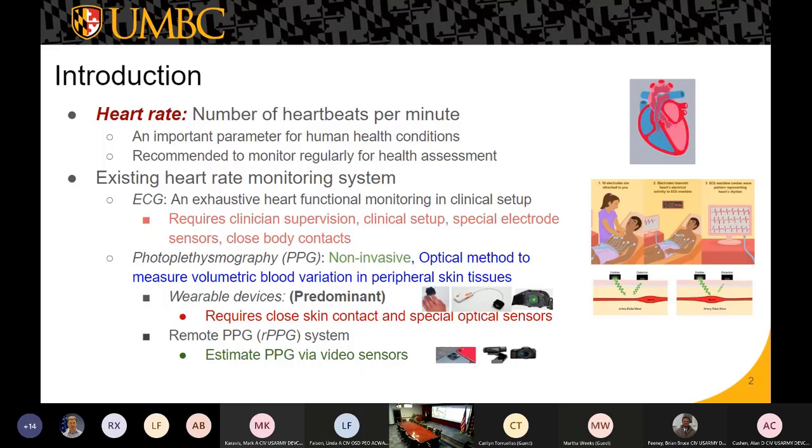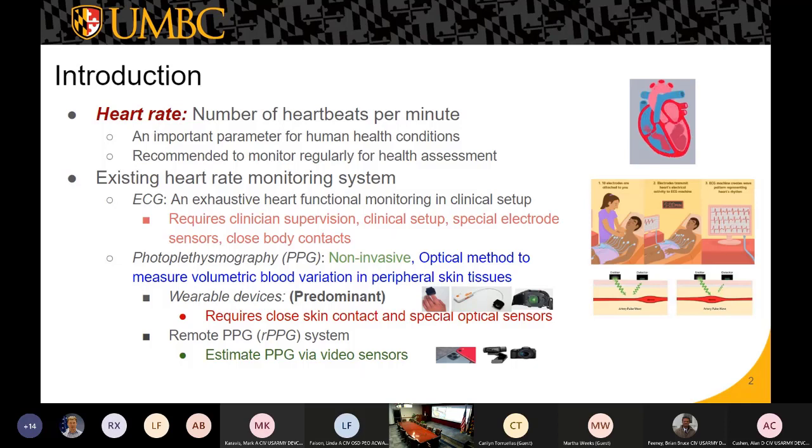When our heart pumps blood, our periphery gets a blood volume boost, and when the heart pulls the blood back, the peripheral skin blood volume decreases. So if we can measure this peripheral volumetric blood, then we can trace back how our heart is performing. The blood volumetric variation is synchronous to our heart activity.